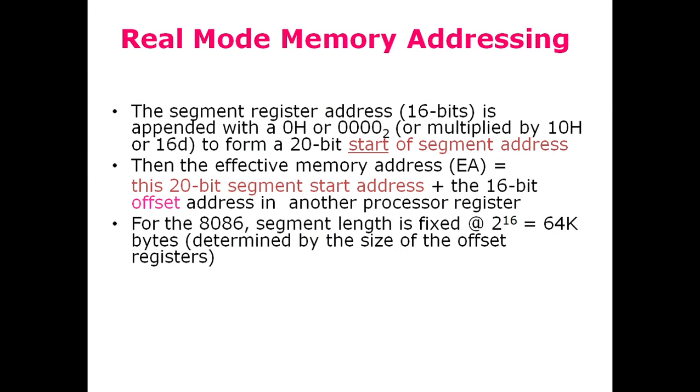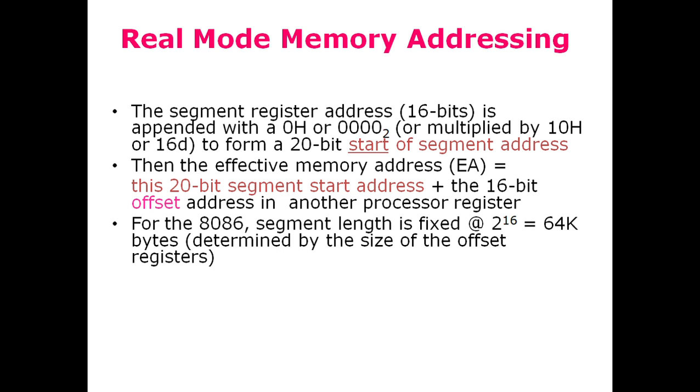In the real mode, the segment register value is 16 bits, and it is appended with 0 in hexadecimal, or 0000 in binary, or it is multiplied by 10h in hexadecimal, or by 16 in decimal, to form a 20-bit starting address of the segment.